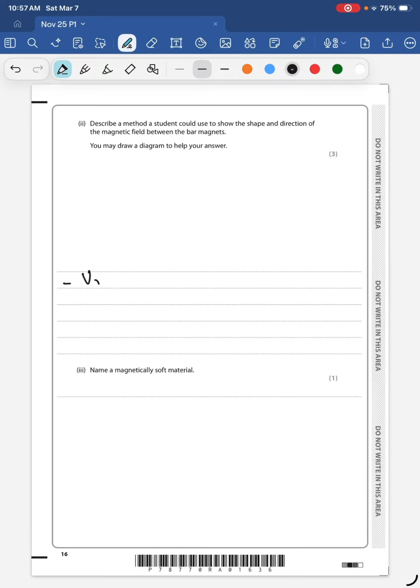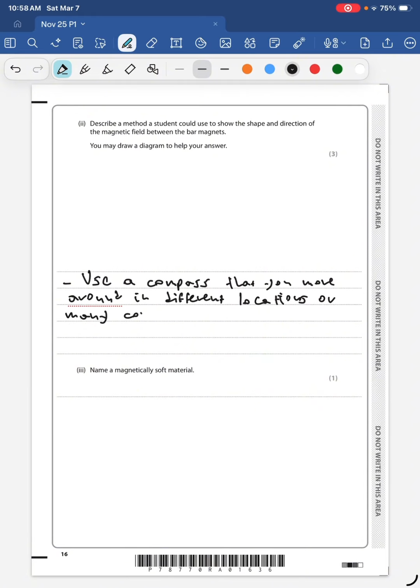So use a compass that you move around in different locations, or many compasses if you have them.